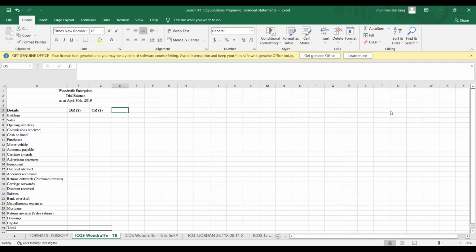Okay, so I'm seeing Sahara Akila saying debit. That is correct. So we are debiting the buildings account. And do you know where we got this figure from? It would have been from a ledger. We would have drafted ledger accounts for all these different balances.